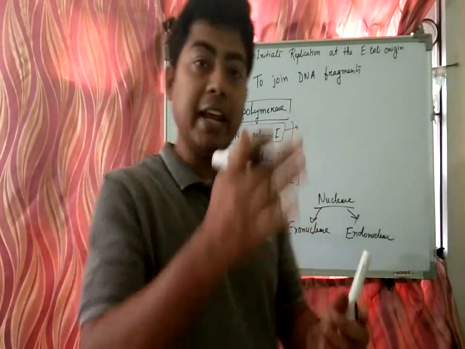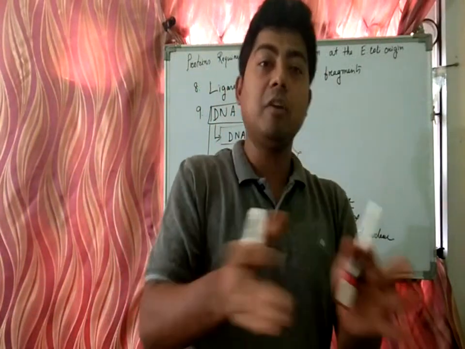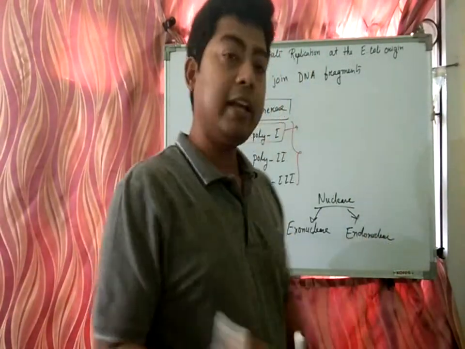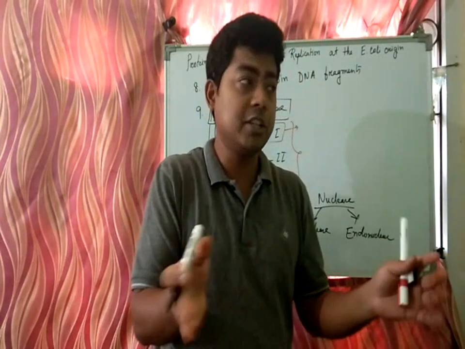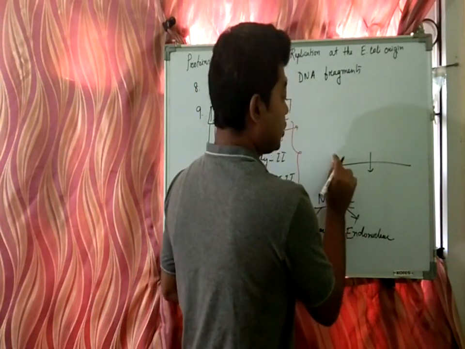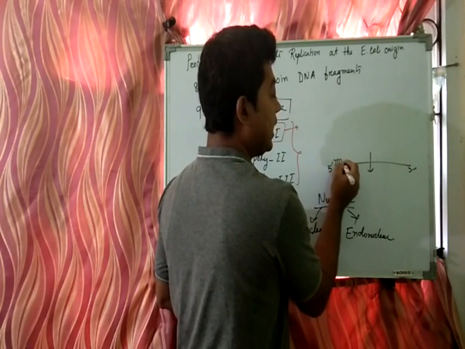Exonuclease means it will break the phosphodiester bond from one end, maybe the 5' end or maybe the 3' end, one after another. And endo means in the middle part. In case of exo, say from 5' to 3', the nucleotides will be broken down one after another like that.